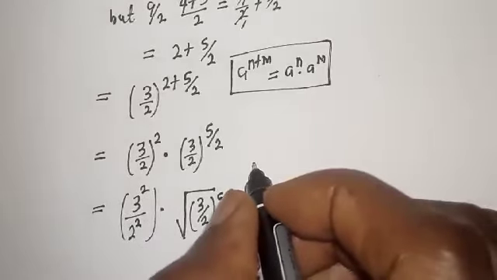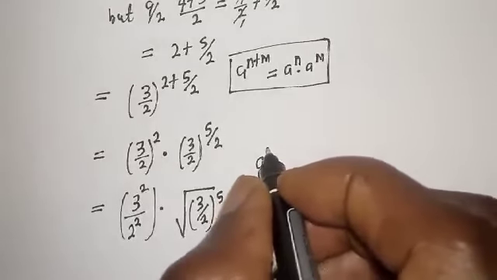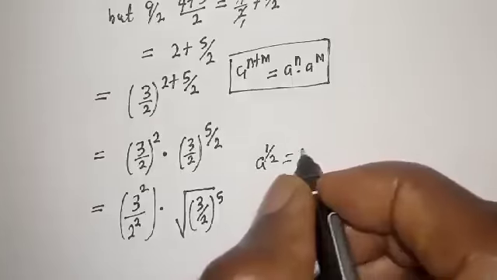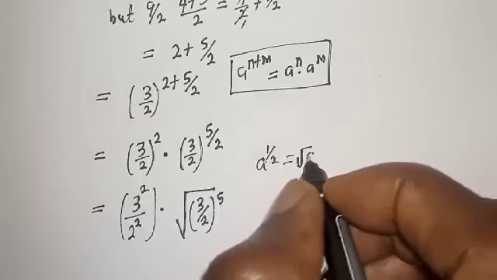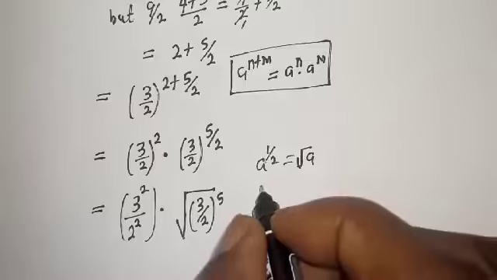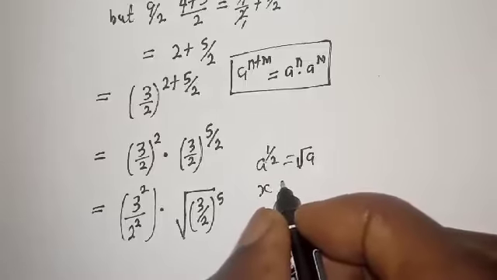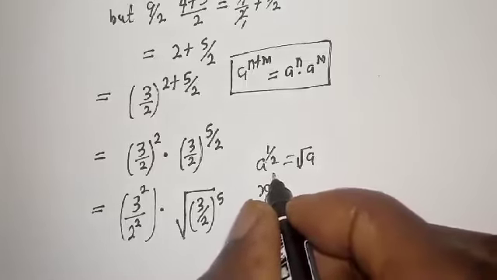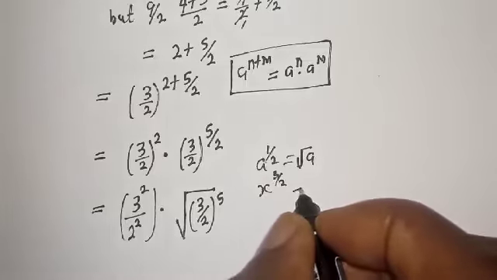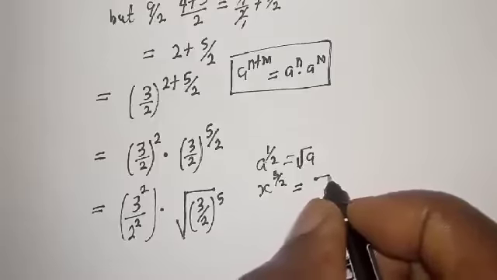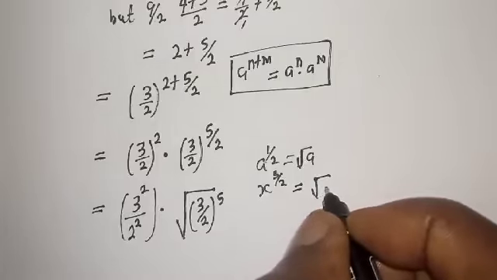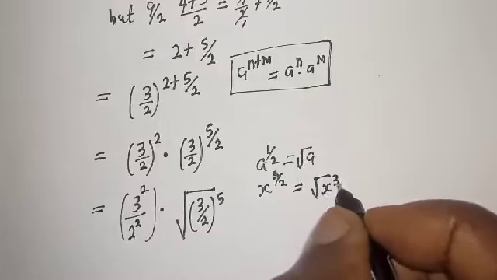That is, if you have a raised to power 1 over 2, this is equal to the square root of a. Then a raised to power 3 over 2 is equal to the square root of a raised to power 3.